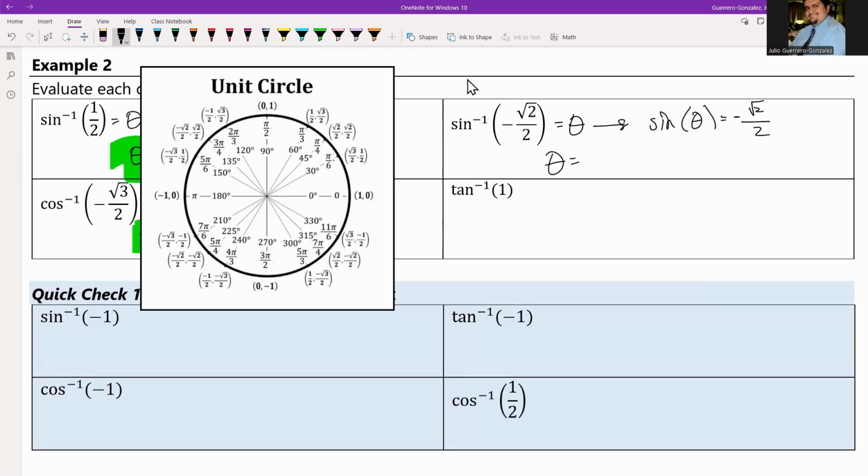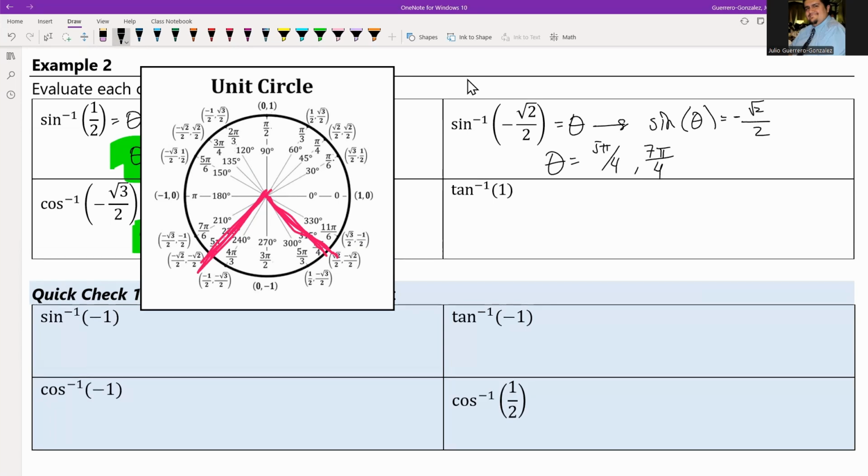My angles for this one are this one, and then this one. So in these cases, I have 5 pi over 4 and 7 pi over 4.